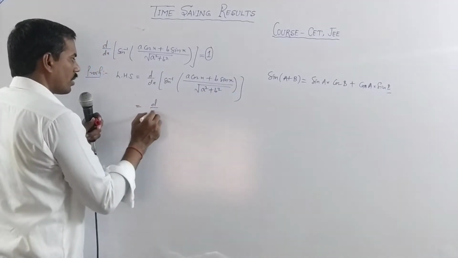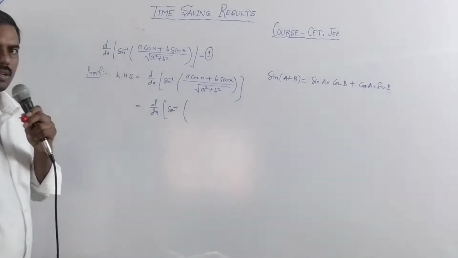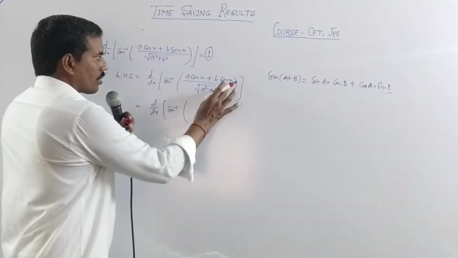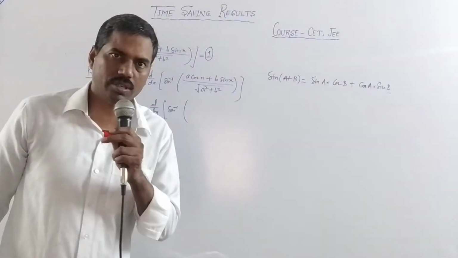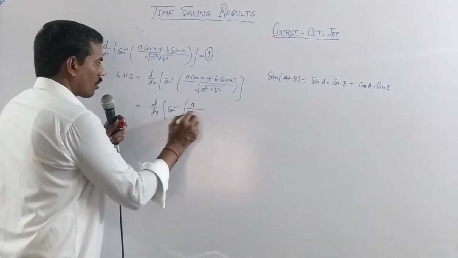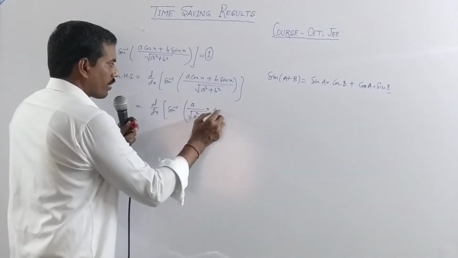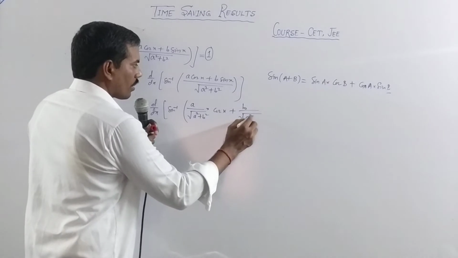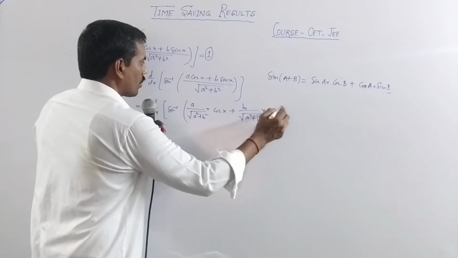This is equal to d by dx of sine inverse of... if we distribute the denominator with both terms present in the numerator, we get a upon under root of a square plus b square into cos x plus b divided by under root of a square plus b square into sine x.